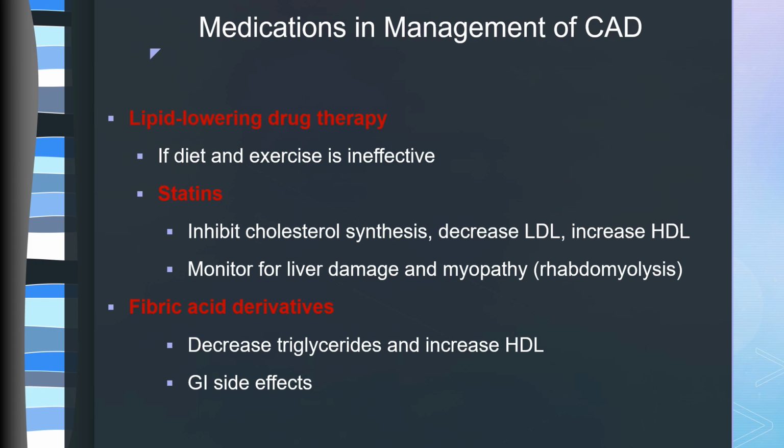We want to watch out for adverse reactions like myalgia and arthralgia, and this can result in rapid muscle breakdown or rhabdomyolysis if the patient continues to take this drug. Rhabdomyolysis can lead to an acute kidney injury, and this is a serious side effect of a statin, so we want to make sure that our patients call us back about it.